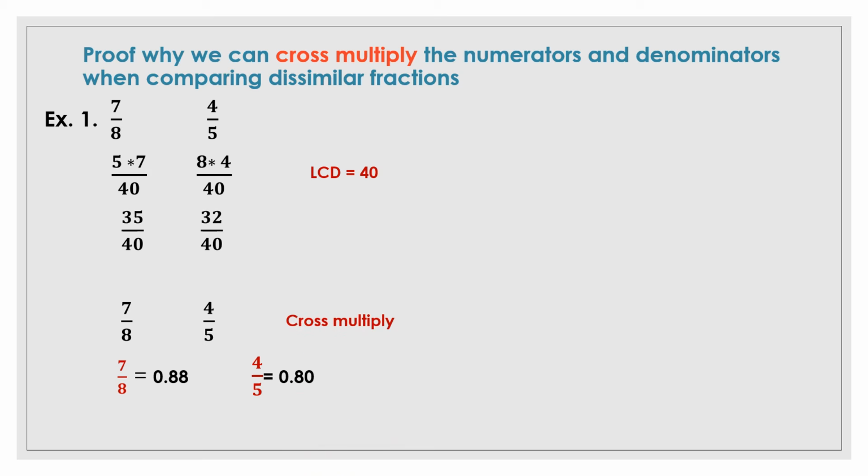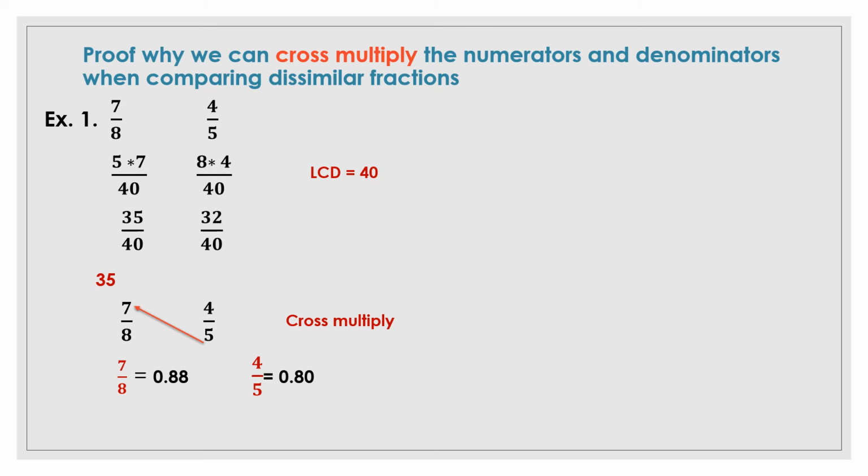Then, kung magko-cross multiply tayo, we have 5 times 7 is 35. So, ito na yon. Yung 5 times 7 natin when we applied the LCD. So, yun ang nasa numerator. Nakuha natin. Kaya pwede tayong mag-cross multiply kasi nakita natin dito na it doesn't affect itong pag-cross multiply.